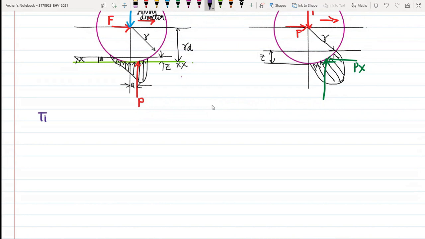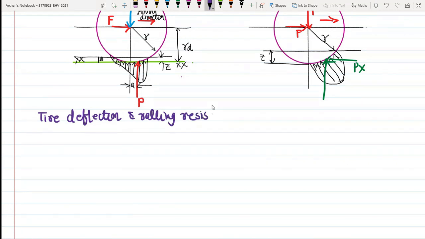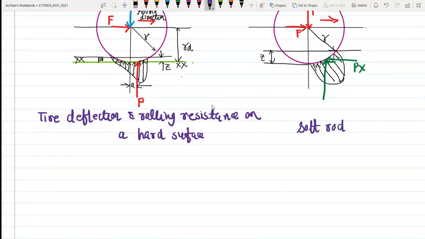Let's say tire deflection and rolling resistance on a hard surface and on a soft road surface.